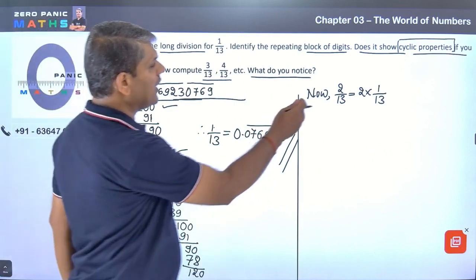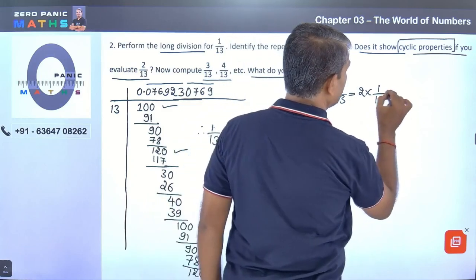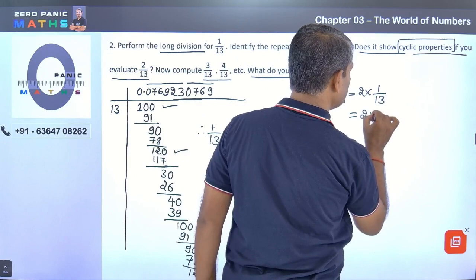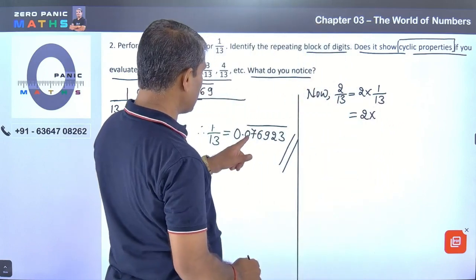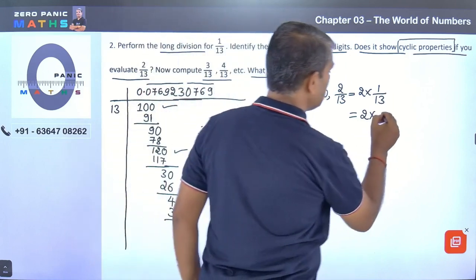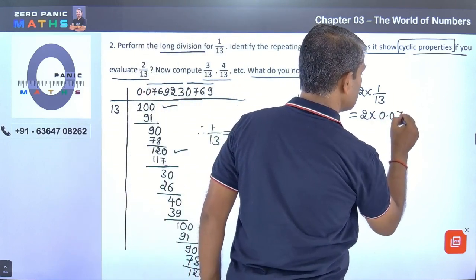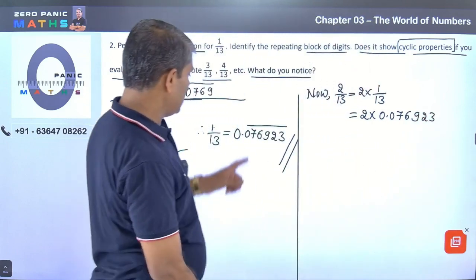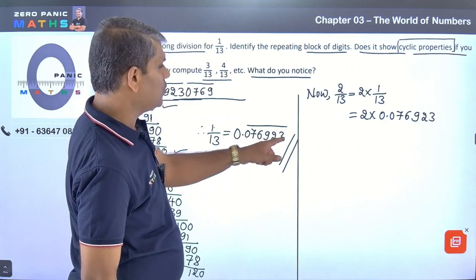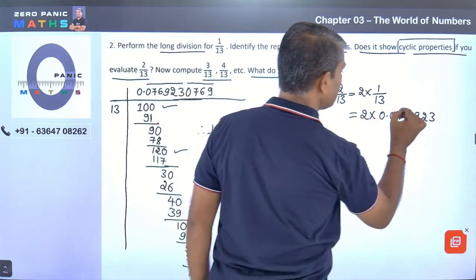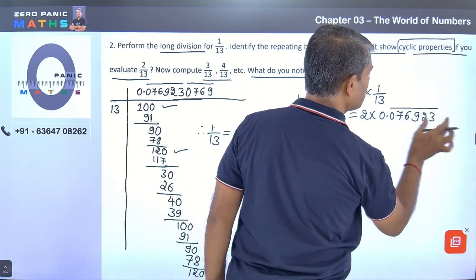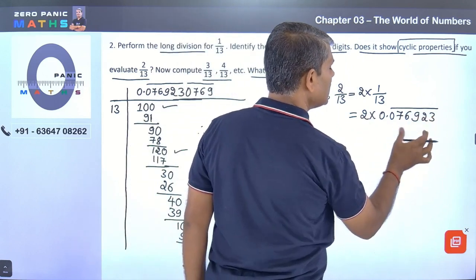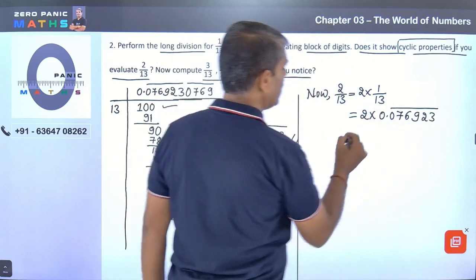So I can directly put in the value of 1 by 13 here to make it 2 multiplied by 1 by 13. 1 by 13 is 0.076923, correct? This pattern is actually going to be repeating, but you can just multiply this 2 to the 6 digits and get the actual value.